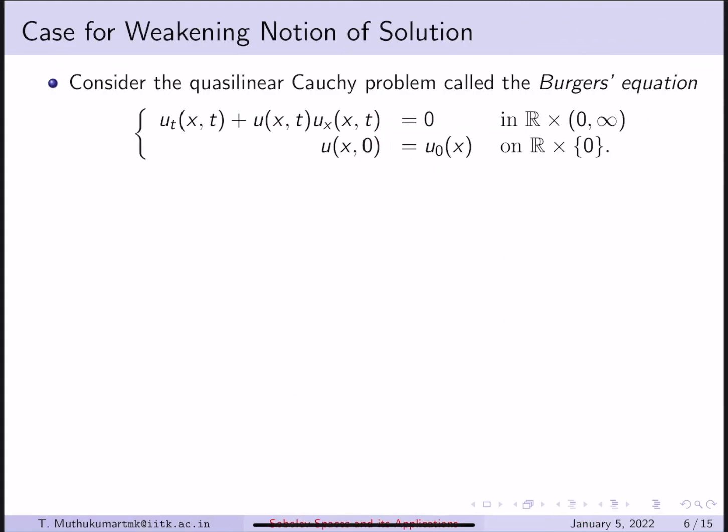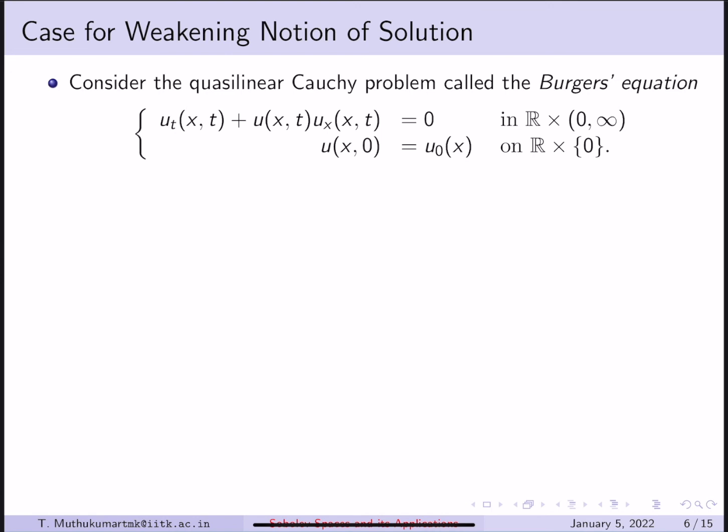Okay. Now the third case, the motivation that I was talking about, is the case of weakening the notion of solution. So where does such a situation arise? Let's consider, if you have seen the method of characteristics, first order equations or even conservation laws, you must have come across the Burgers' equation.